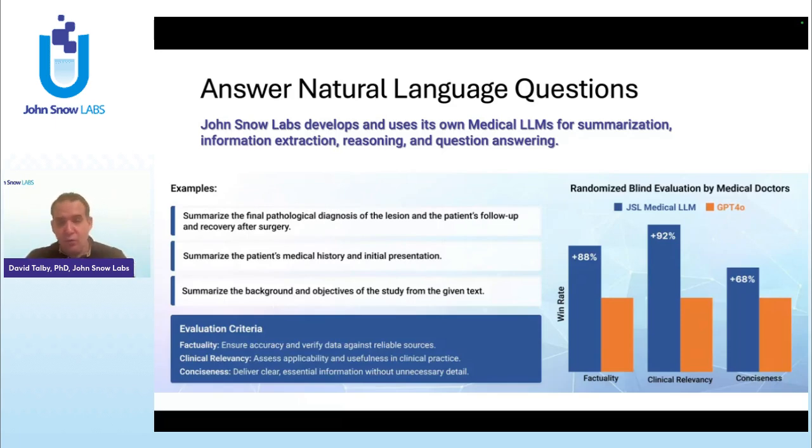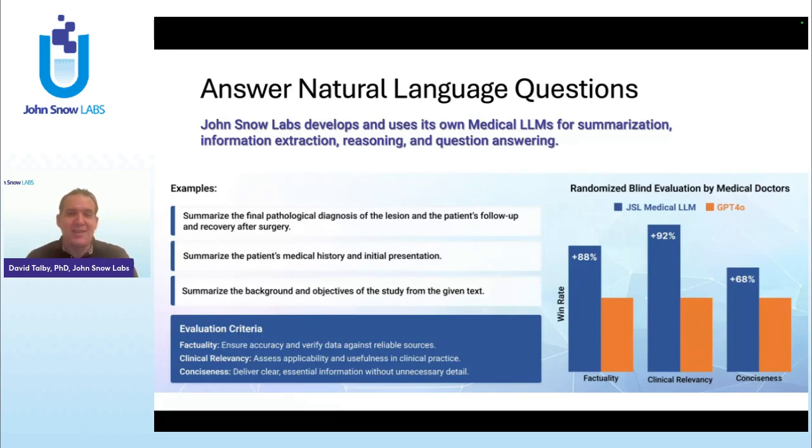And the third part is, of course, understanding queries and being able to map them right to this specific data model. And one of the things to note is that our medical LLMs keep improving, right? We train dozens of new ones every week.